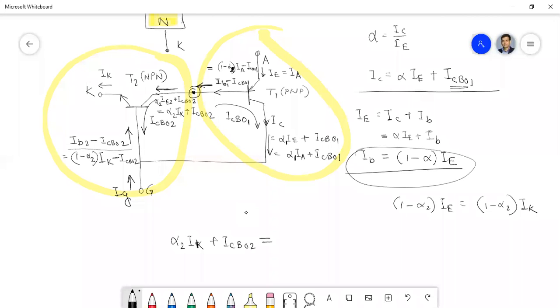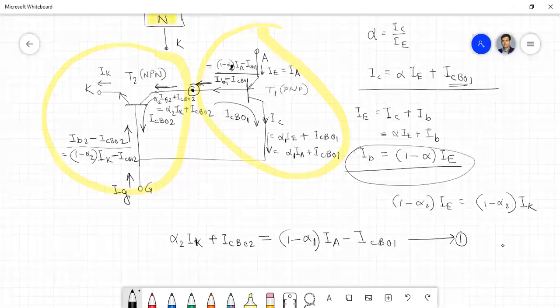Both the currents I have written: 1 minus alpha 1 into IA minus ICBO1. So 1 minus alpha 1, that means this term, 1 minus alpha 1 IA minus ICBO1. So this is equation number 1.